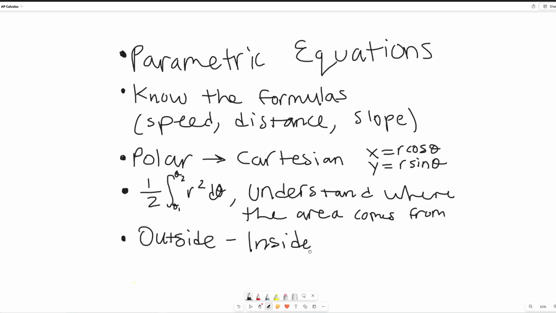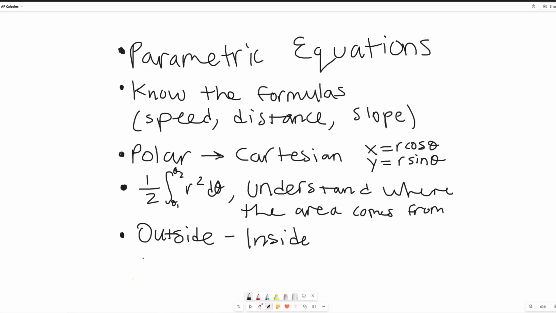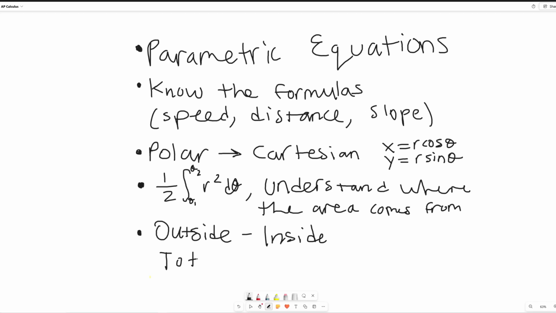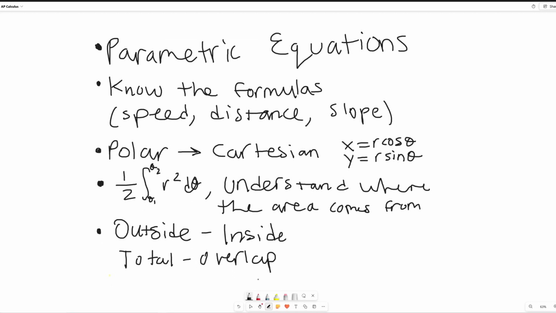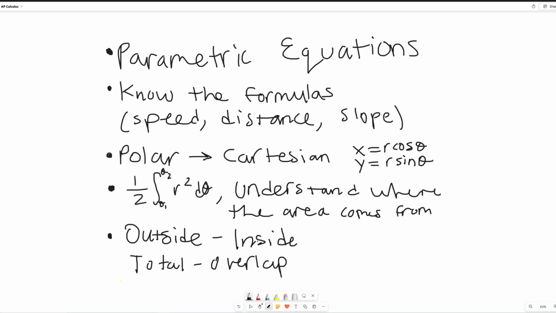Or if you want to describe it as top minus bottom, overlap, or total minus overlap, however you want to describe it. Knowing that you can take the area between polar curves just by subtracting one thing from the other, figure out how to do it, because there's more than one way to find it for many of these functions.